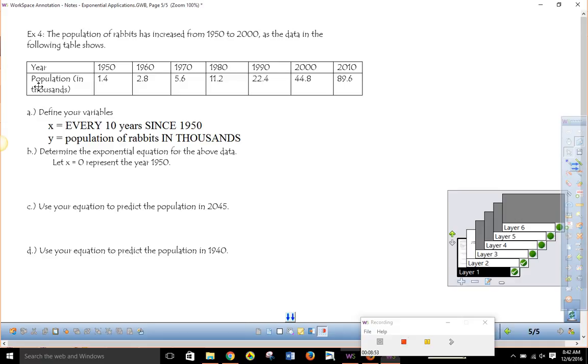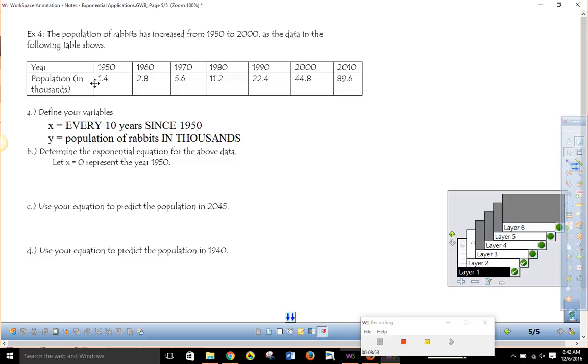And then your population of rabbits, it is rabbits, it's not people, so make sure you have that. And it is in thousands, and you will see how that affects our answers a little bit, so that's very, very important to know. So this is not 1.4 rabbits, this is 1.4 thousand rabbits, okay? So there's that. Then we need to discover what our equation is going to be.